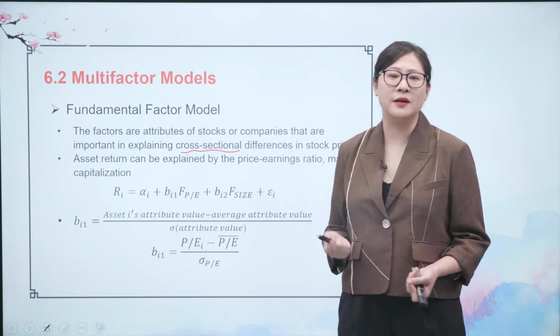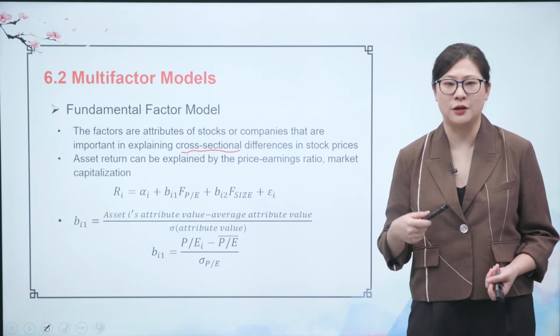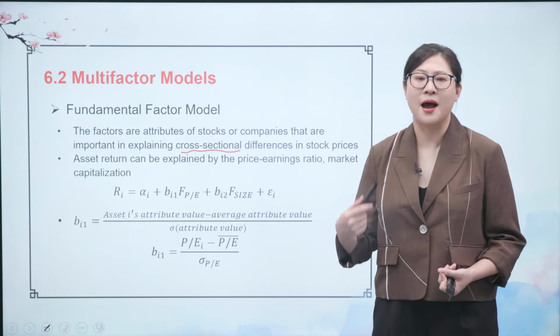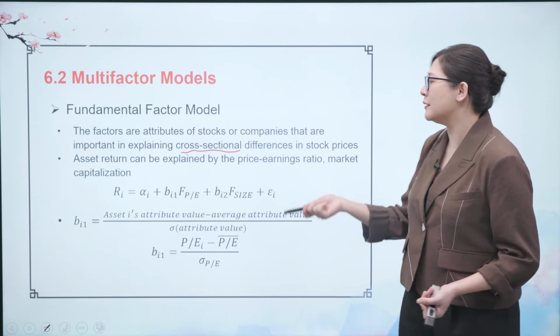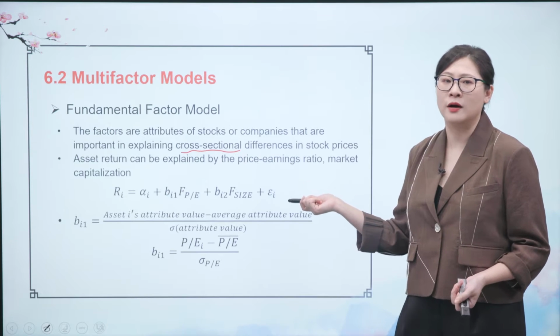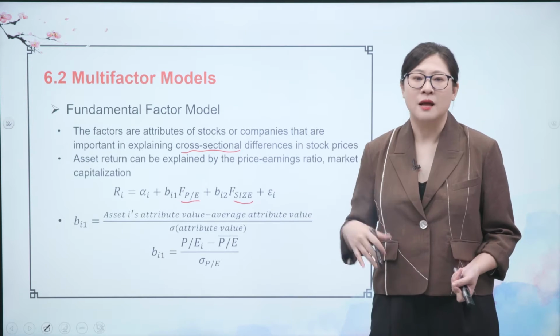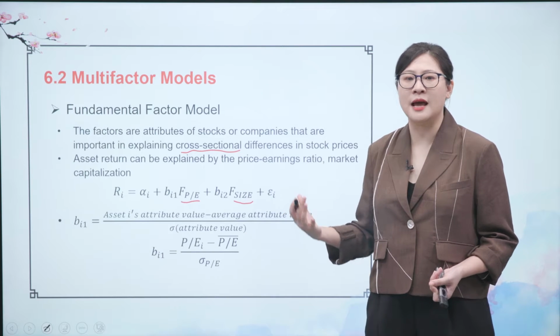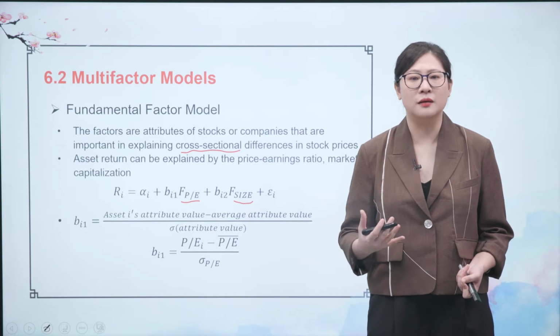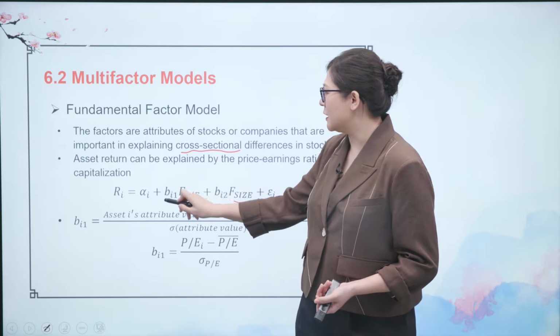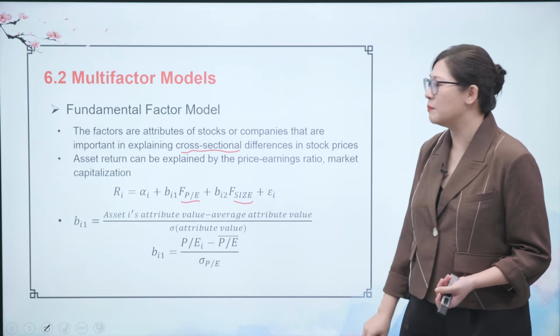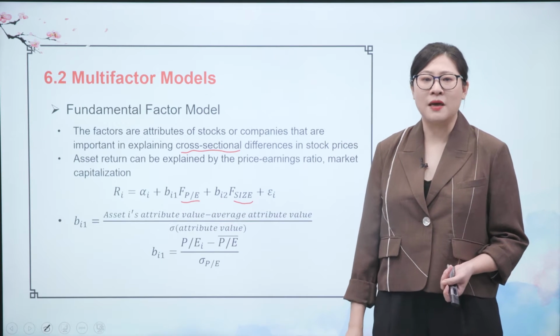The second point is our asset's return can be explained by the price-earnings ratio and market capitalization. So that's the equation for our fundamental factor model. But here the F_PE and F_size are not the factor sensitivities. The factor sensitivities are B_i1 and B_i2. So what's B_i1?